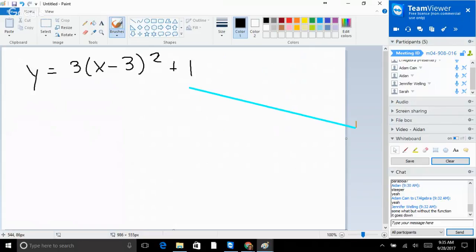So if you have a little piece of paper somewhere, some scratch paper, see if you think you could figure out where does my vertex start? Where does my parabola shift to just based off of the equation?